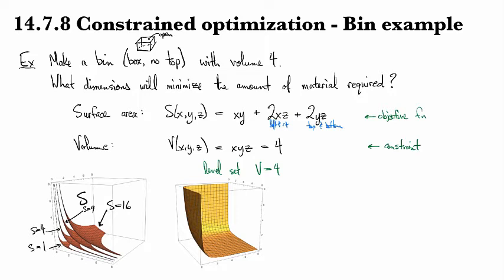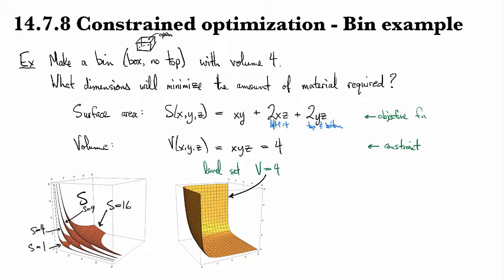And you can tell we can make the surface area as small, all the way down to 0 if we like, just by taking X, Y, and Z sufficiently close to 0, right? Meanwhile, over here, we have the level set where V is equal to 4. It looks like basically a corner of a rectangular solid that somebody sanded off a little bit and sort of rounded out around where the origin is.